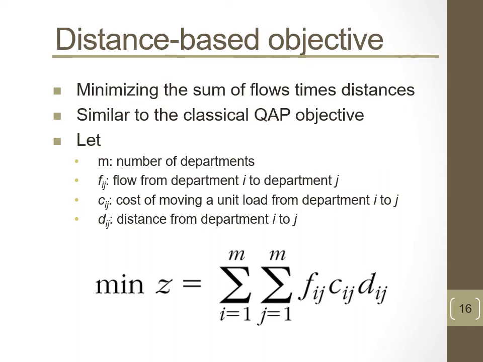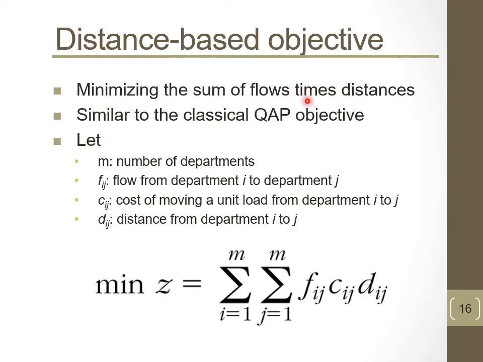And in this case, opposite to the adjacency-based scoring, which tries to maximize the adjacency score, we try to minimize the sum of flows multiplied by distances. Okay, so we want to make as minimum travel as possible in distance-based scoring.